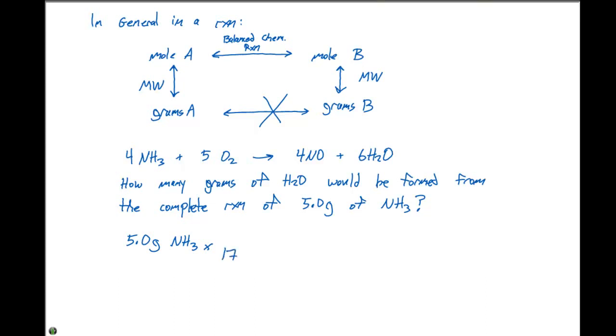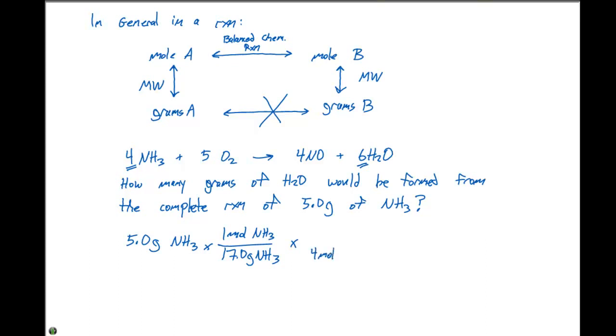There are 17.0 grams of NH3 in 1 mole of NH3, and we can get that by using molecular weights from the periodic table. Now we need to convert moles of NH3 to moles of H2O. We use the coefficients in the balanced chemical equation. There are 4 moles of NH3 for every 6 moles of H2O.